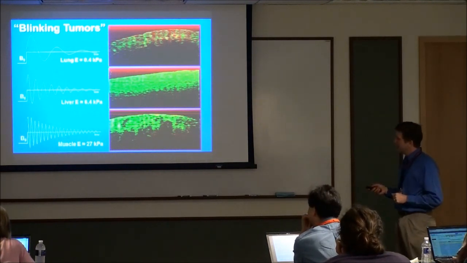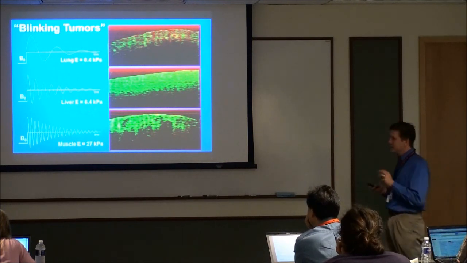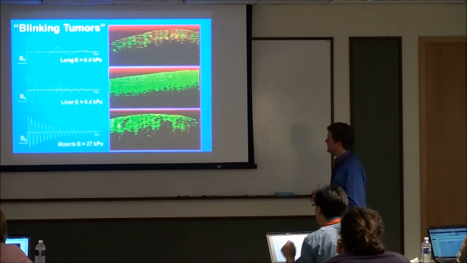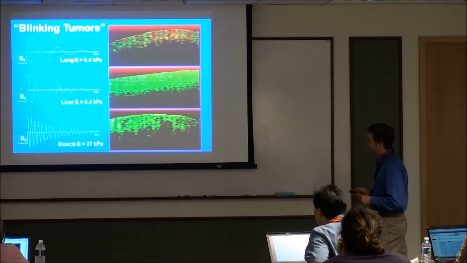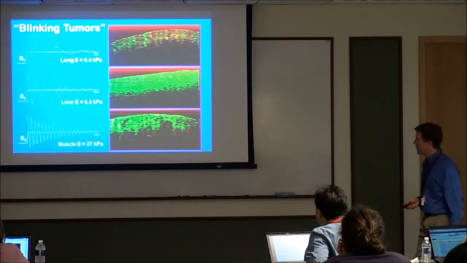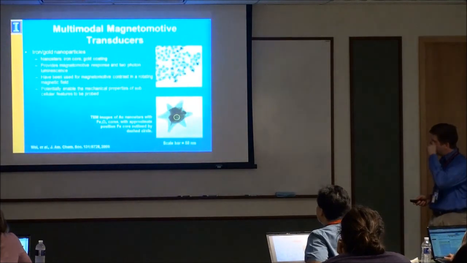We're not quite there yet, but we do notice that for different tissues, we see different rates of blinking and different signal intensities. Unfortunately, these used to be movies, but they're giving me problems. But we could see that these effects would be flashing on and off.